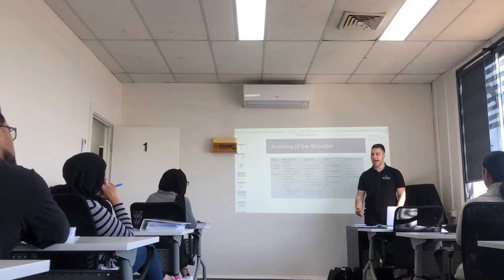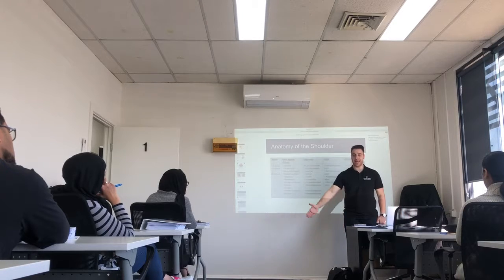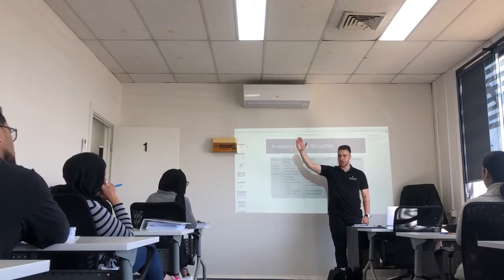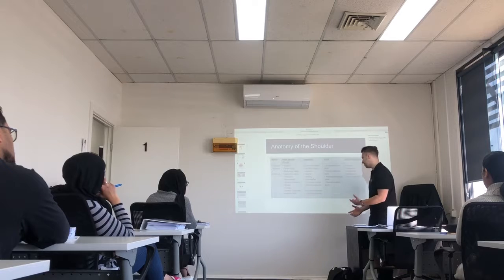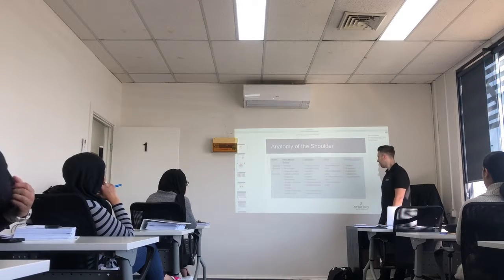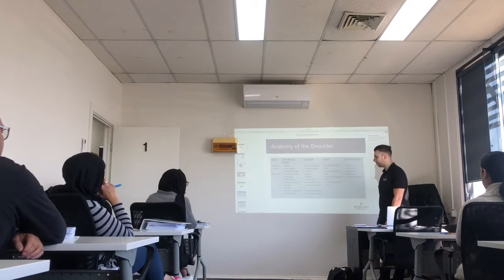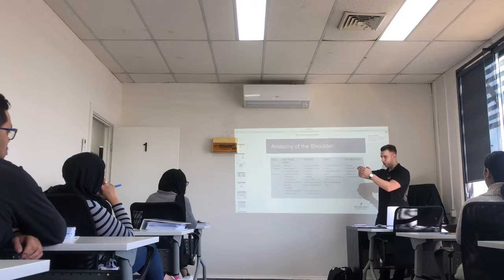Always remember abduction, we're taking away from the body, away from the midline, and then adduction, we're adding, bringing towards the body. That's how I normally remember them. And circumduction is where something will go right around.